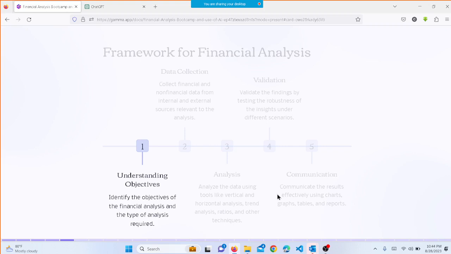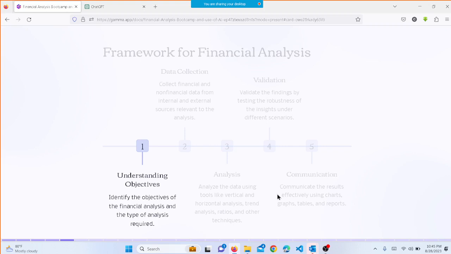Employees, or potential employees, may want to evaluate the company for understanding its operational performance, or whether there is potential in this company to grow further, for their own sake, for career sake. Shareholders may want to look at the financial statements to understand whether they are getting enough returns for their investment or not. Right, so there are different purposes.